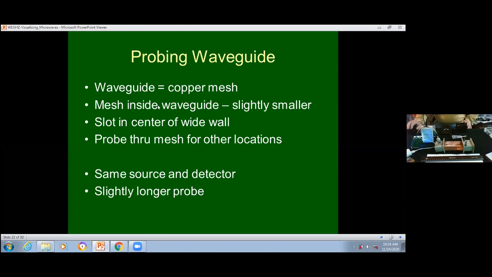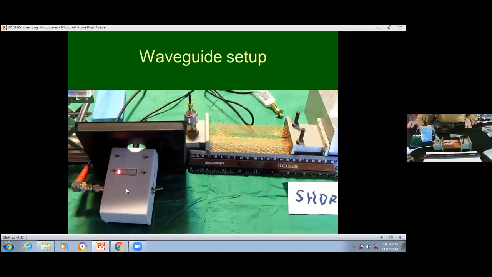So, copper mesh waveguide, and it's slightly smaller than the commercial waveguide. There's a slot in the center of the wide wall, and we can probe through the mesh using the same source and detector with a slightly longer probe to get into the coax. So here it is, the waveguide, signal coming in, and there's the detector.